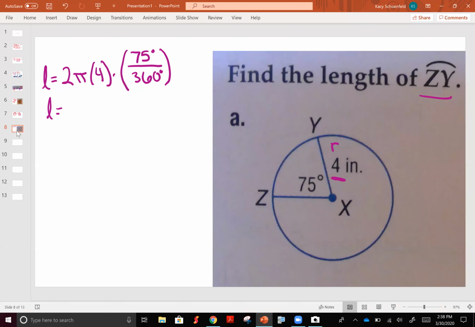And you're going to have L equals 5.235, and the part that you can't read goes on, but we're going to round this to 5.24. And then it says inches, so we're going to write inches. It's not inches squared, it's just regular inches. If this were life size, that would be 5.24 inches.